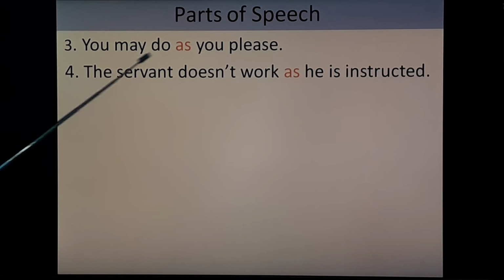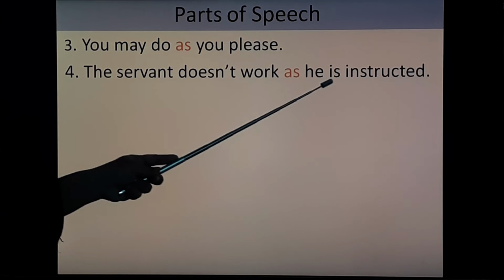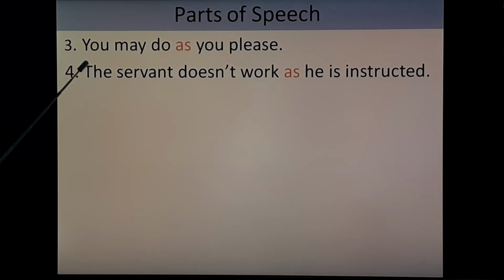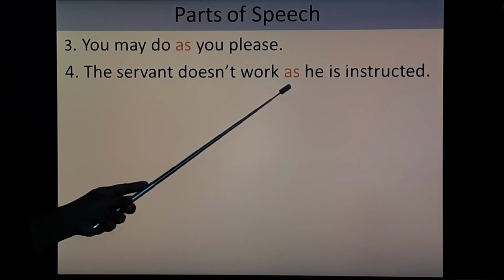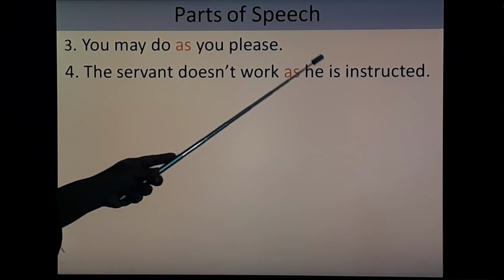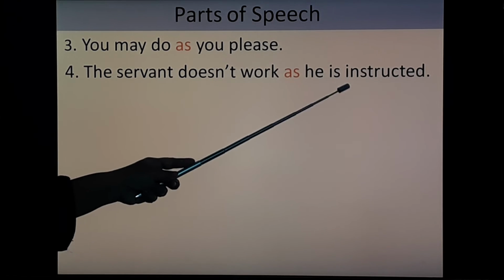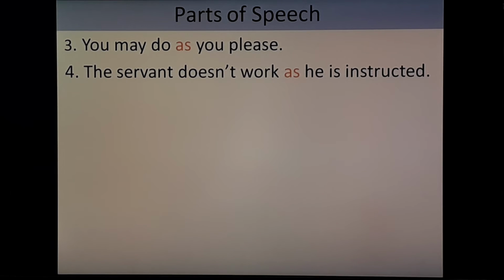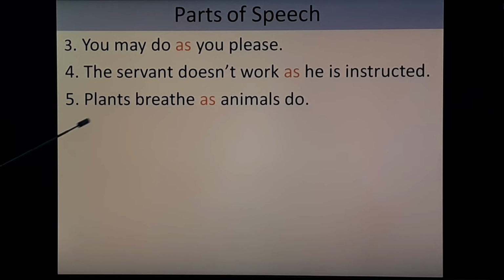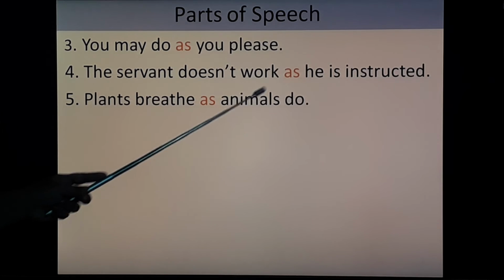Next, the servant doesn't work as he is instructed. So here the servant doesn't work, that is the main clause, as subordinating conjunction, he is instructed, that is the subordinate clause. Next, plants breathe as animals do.